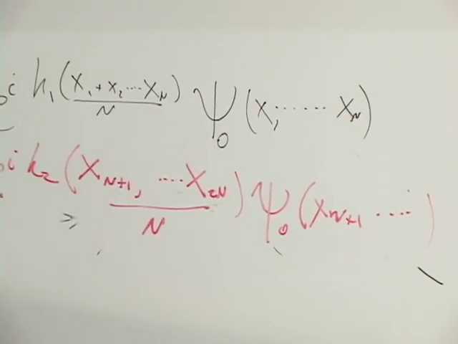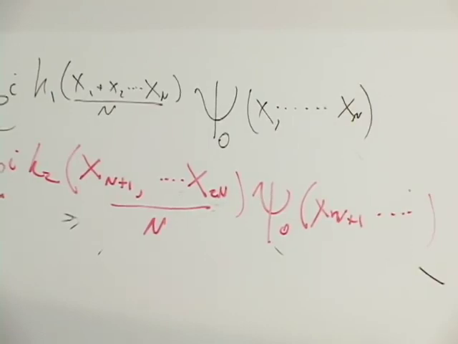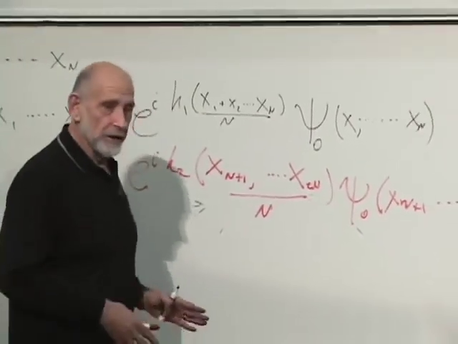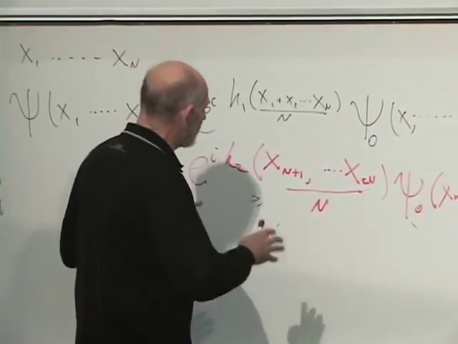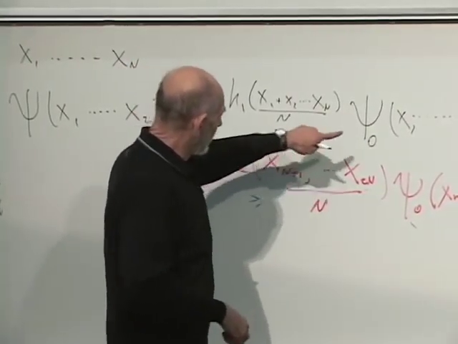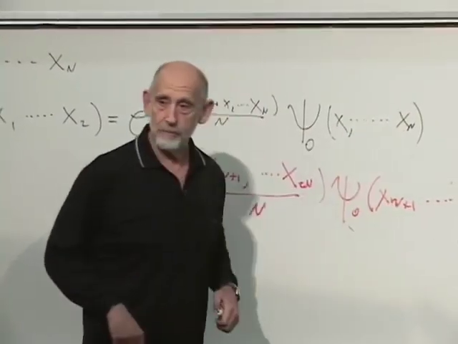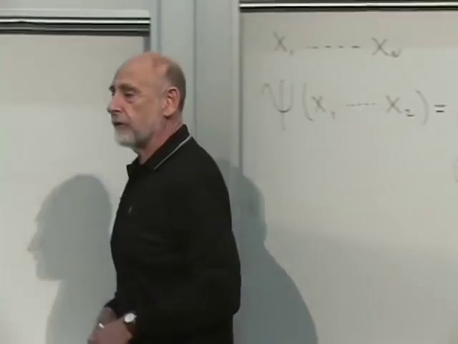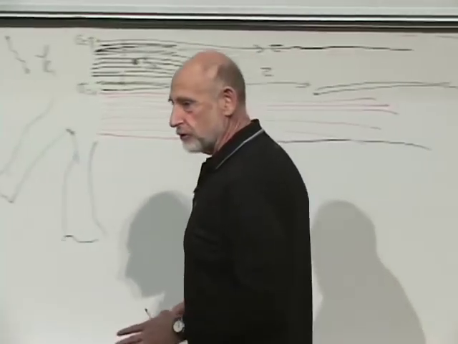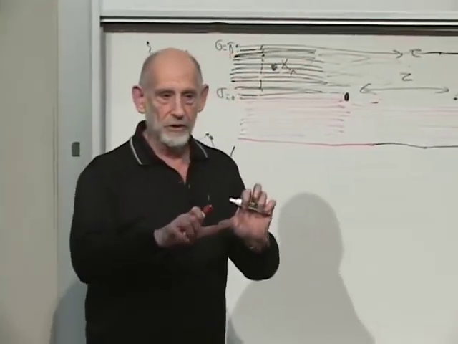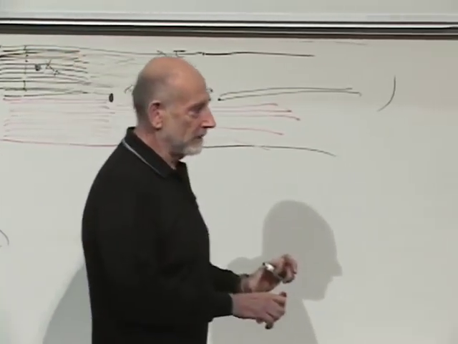Now, that's the initial state. But now you say with some probability, the two endpoints merge. To say that the two endpoints merge simply says that you set xn equal to xn plus 1. You look for that piece of the wave function where the two endpoints are at exactly the same point.